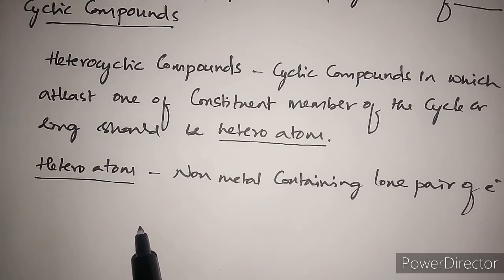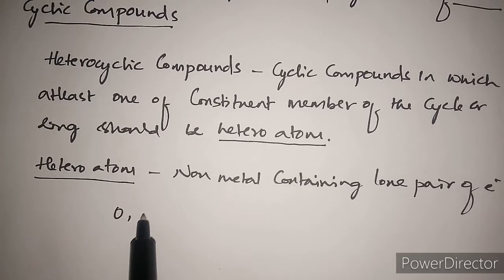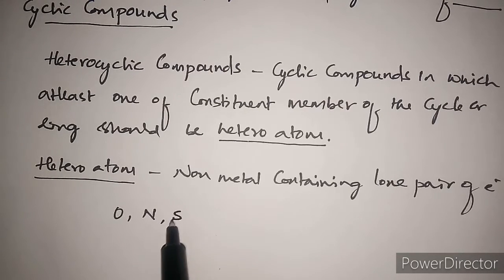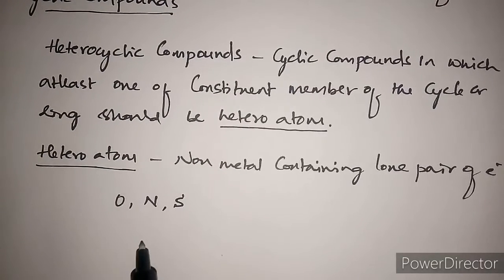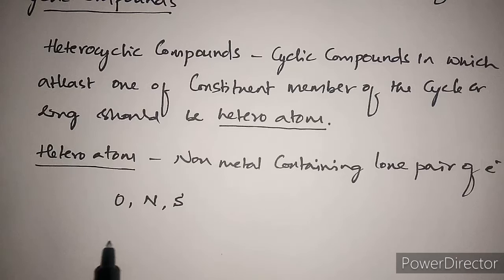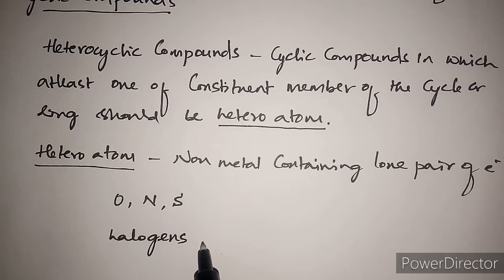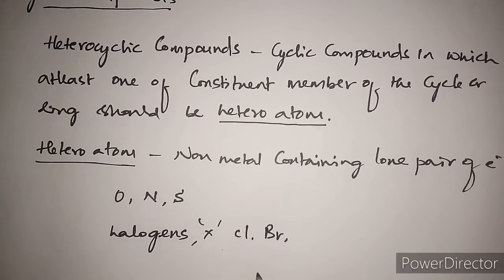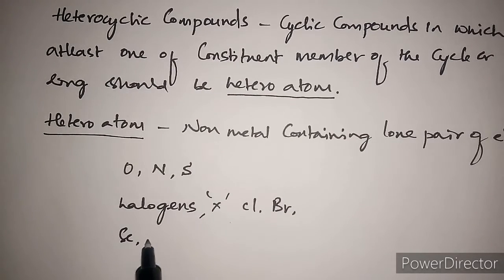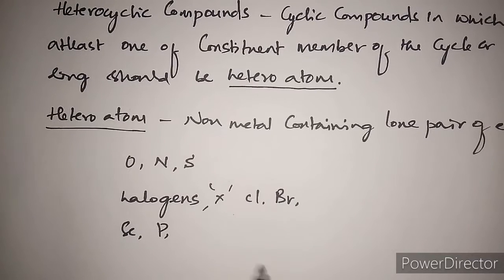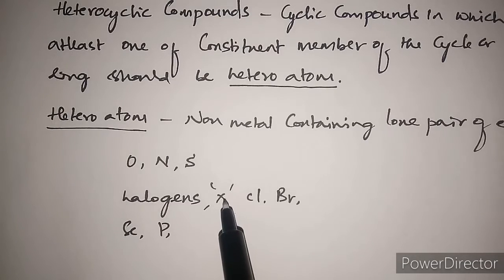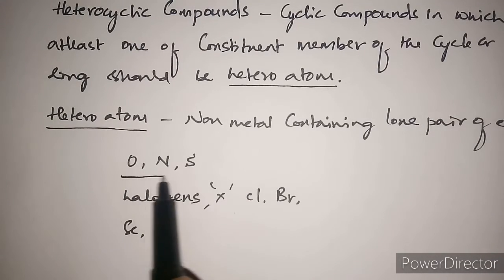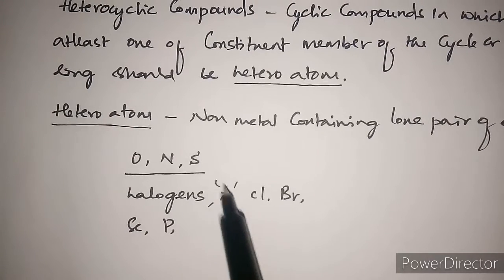For practical purposes, heteroatoms are oxygen, nitrogen, sulfur, and this also includes halogens like Cl, Br, and so on, selenium, phosphorus, and so on. These are also termed heteroatoms. But as far as heterocyclic compounds are concerned, for practical purposes oxygen, nitrogen, and sulfur are called heteroatoms.